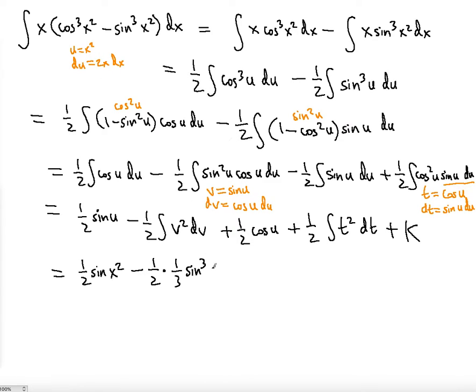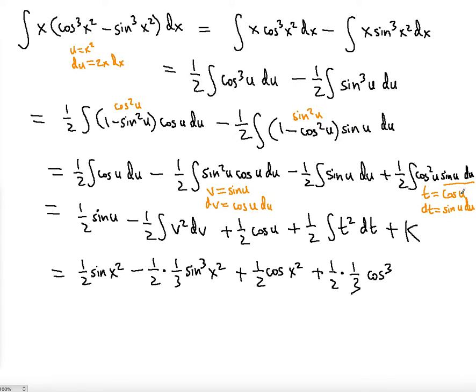Let's do everything at the same time. Plus 1/2 cosine of x squared. And then here we're going to get 1/2 times t to the third divided by 3, using the power rule of the antiderivative, so 1/3 as a result. t to the third. What is t in terms of u? Cosine, so cosine cubed.